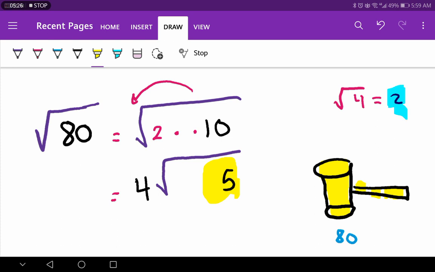So calm down, you have found the final answer. Are you happy with that? Me too. Now let us move to another example. This way I can break any number, or rewrite any radical number. Good.